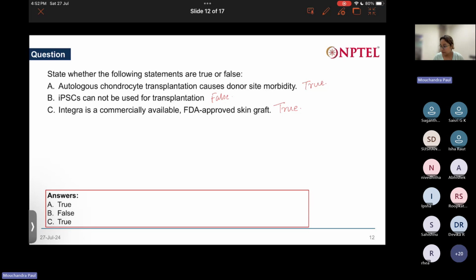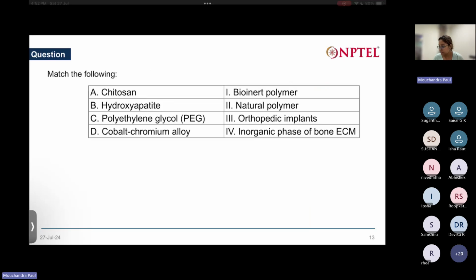So the next question is a match the following type of question. Read the question. I'll give you 2 minutes to read it, and then I'll ask what answer you guys think. Okay. A2B4. A2B4. Okay.